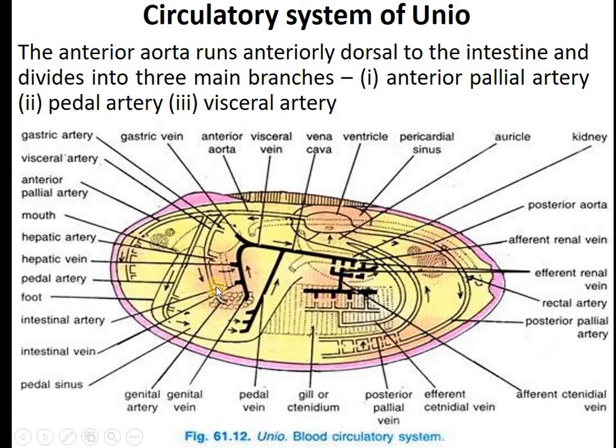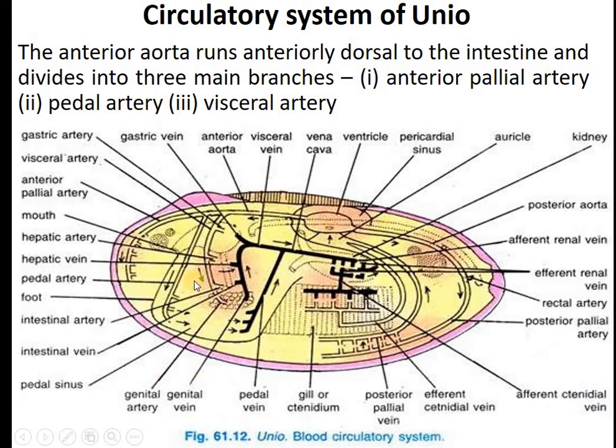So these are the branches of the visceral artery.